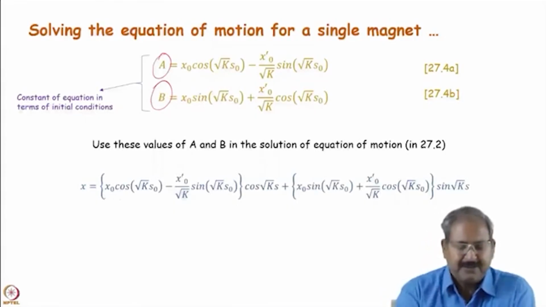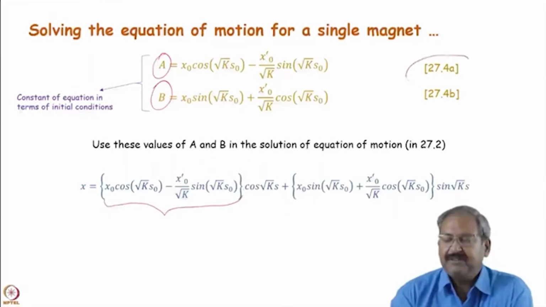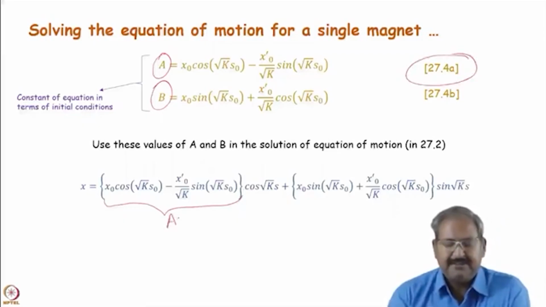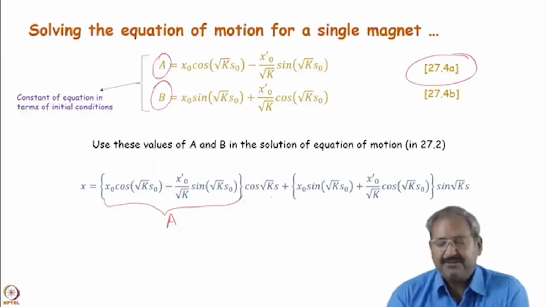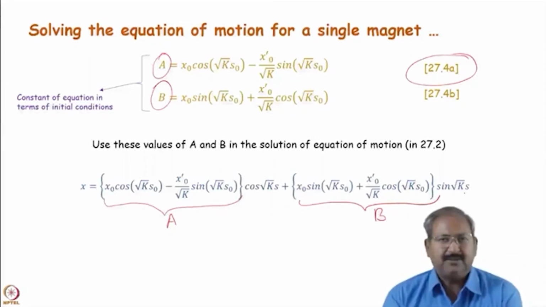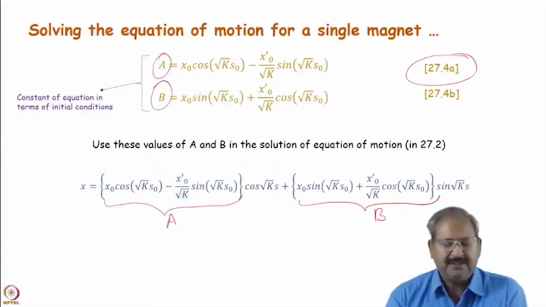So in place of a, we have written the value from equation 27 for a. This is a, and you now know a cos root ks, and this is the value of b. So this is b sine root ks. So in our solution of the differential equation, we have inserted the values of a and b in the form of initial condition.